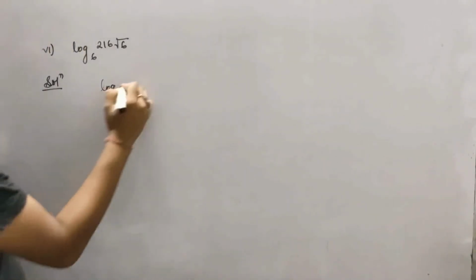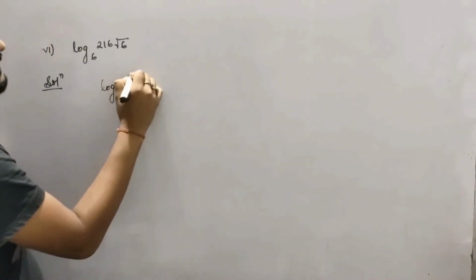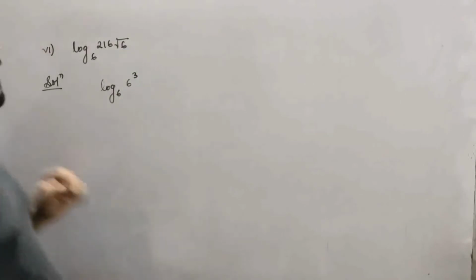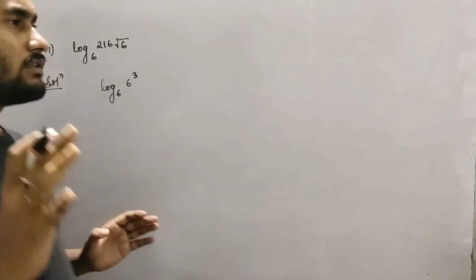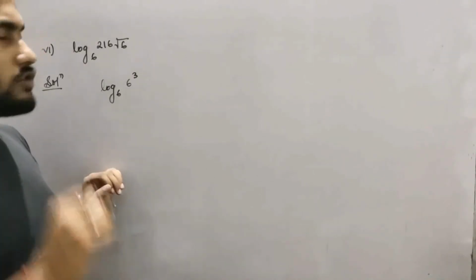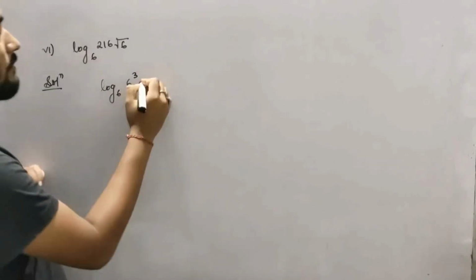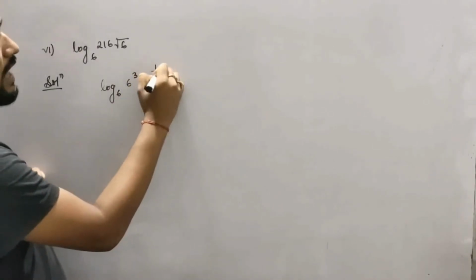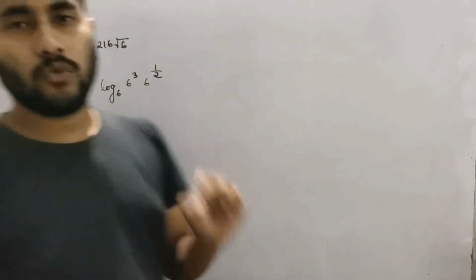It is 6 cube. Remember, 6 cube is 216. Now, what happens when you remove the square root? You have done this in class, in maths chapter 1. Square root, if you remove, is to the power half, 6 to the power half.